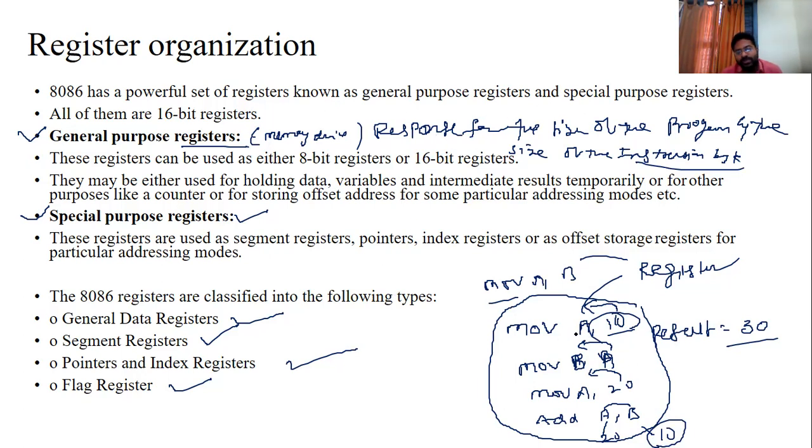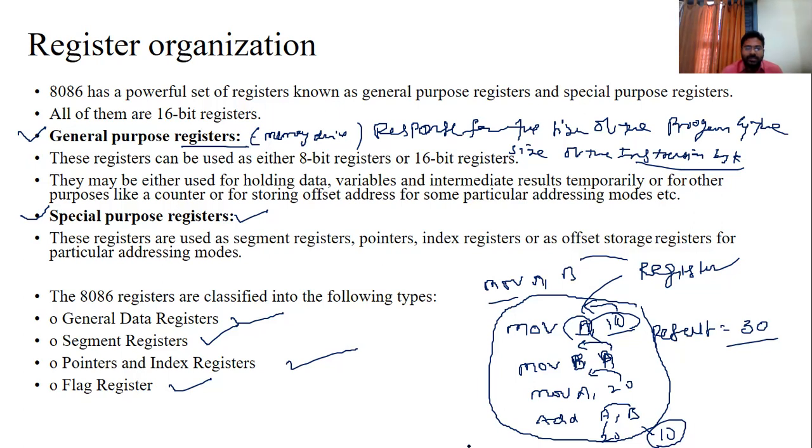Without these registers, you are unable to write the program. The size of the program is decided by these registers only. Whenever you want to write any program, it first goes to the registers. So registers are very essential.